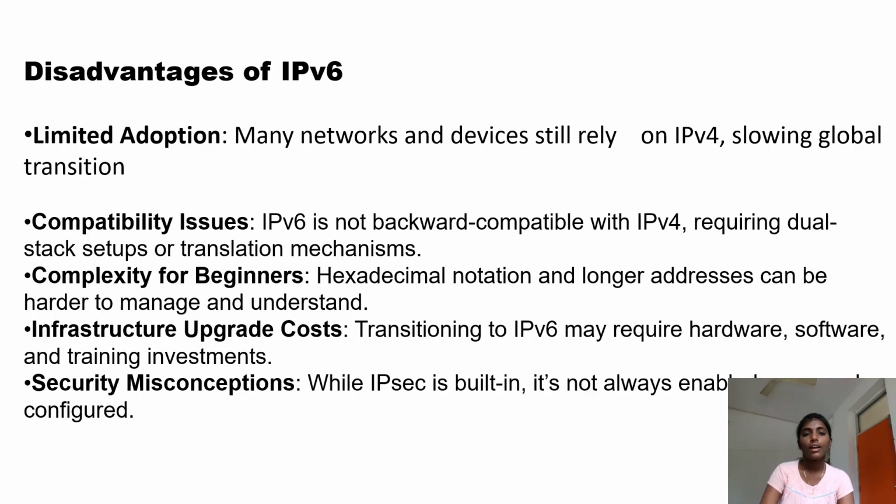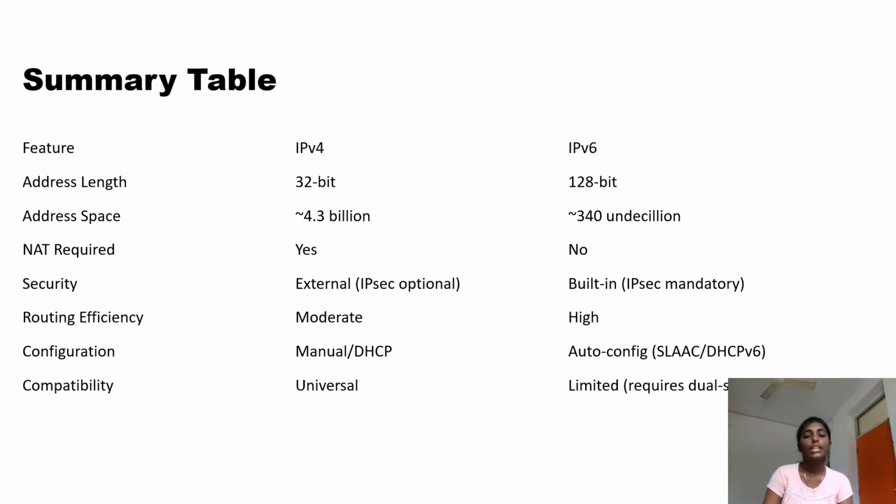Complexity for beginners, hexadecimal notation and longer addresses can be harder to manage and understand. Infrastructure upgrade cost. Transitioning to IPv6 may require hardware, software, and training investment. Security misconceptions. While IPsec is built in, it is not enabled by default and requires configuration.